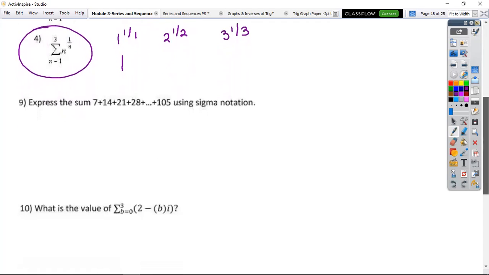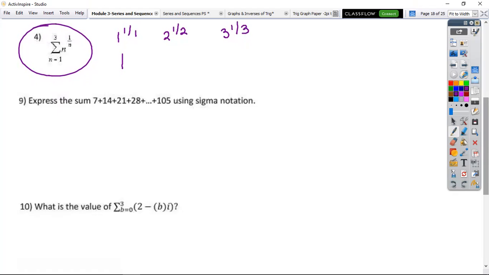Number 9: you want to express this sequence using sigma notation, no multiple choices again. So first, we're going to classify the type of sequence this one is. Arithmetic. Good. So a sub 1 equals 7, where my common difference is also 7. And my formula is a sub 1 plus n minus 1 multiplied by d.